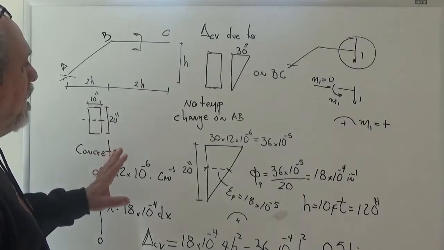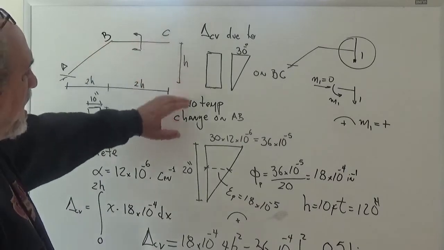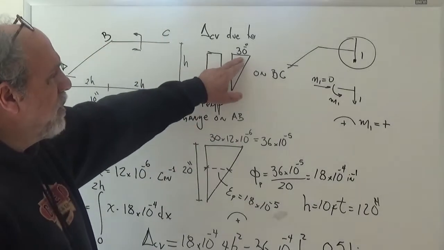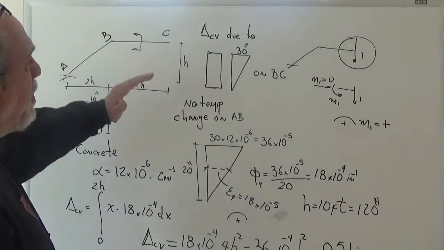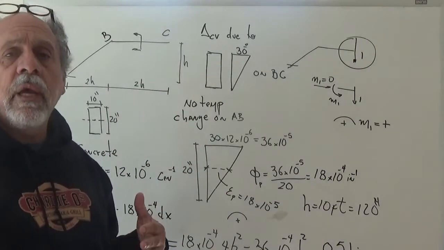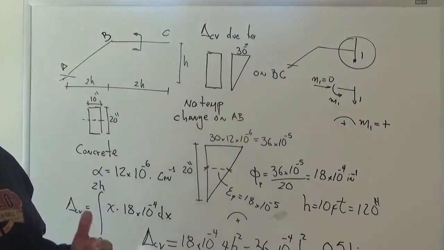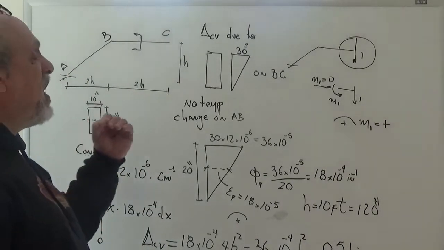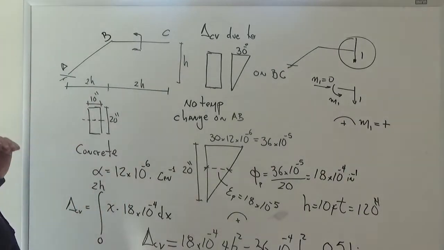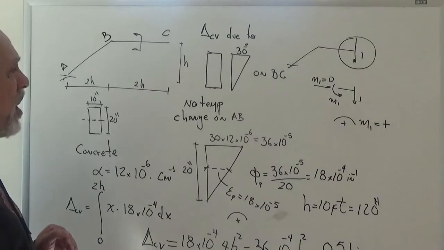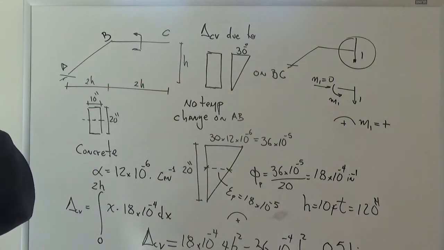I'm assuming at this time that the temperature on BC, which is what we looked up here, 30 degrees centigrade, was not under my control. That was going to happen, but it was important for me that point C not move. So in order to achieve that goal, I was just going to come to bar AB and apply a temperature change that would cancel the effect of the heating up of bar BC.